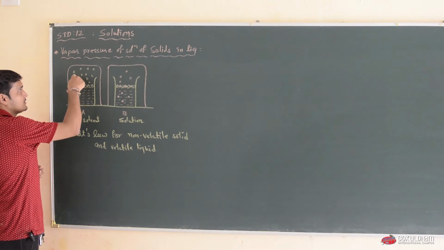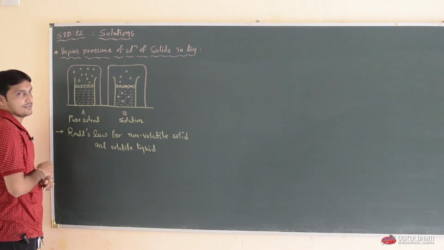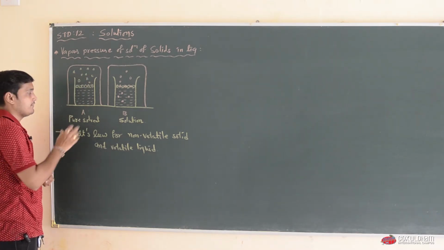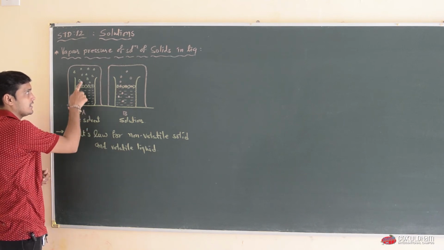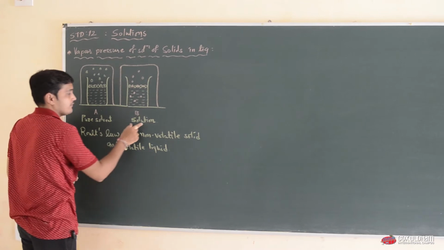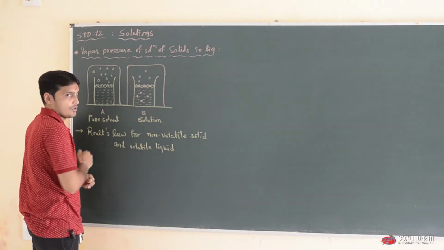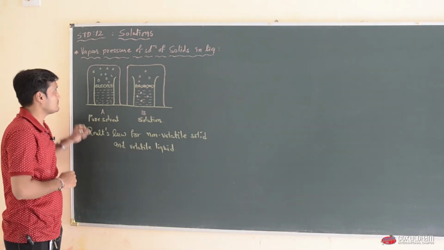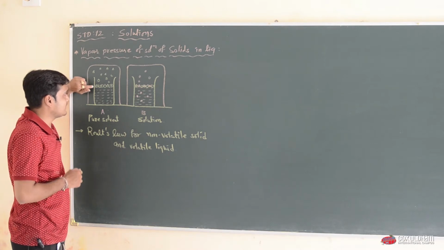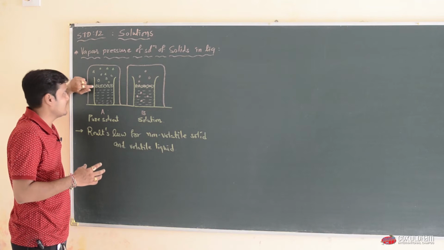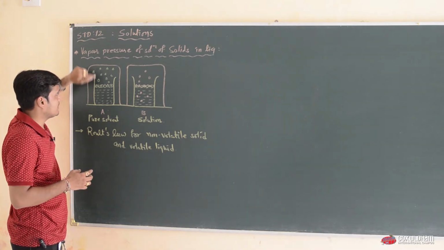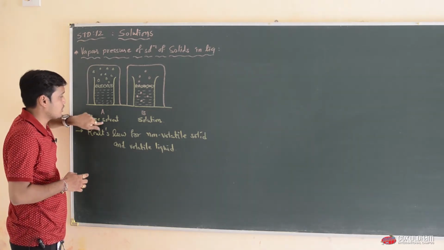These particles are shown as vapor pressure. The vapor pressure of a pure solvent is always greater than the vapor pressure of solution, because all particles in these beakers are identical. That's why the vapor pressure is high in a pure solvent.